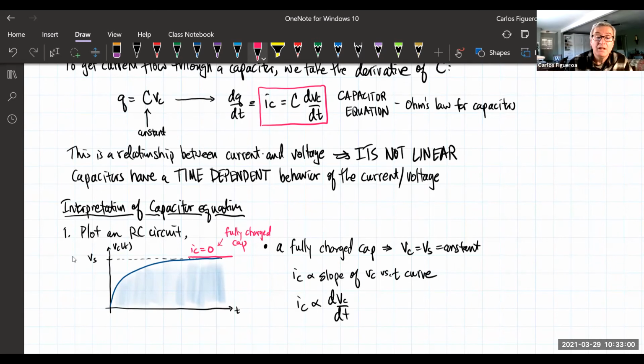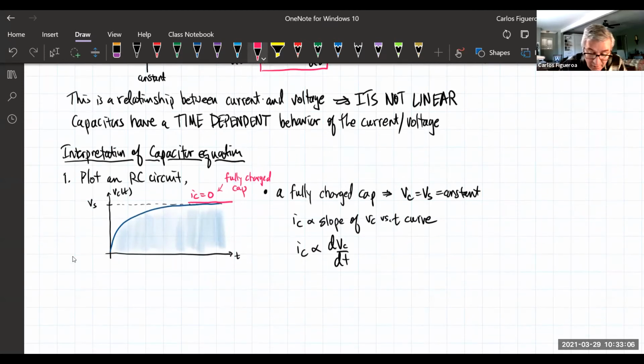Now, what happens if I have an uncharged capacitor? An uncharged capacitor implies that the potential difference between VS and VC is maximum.